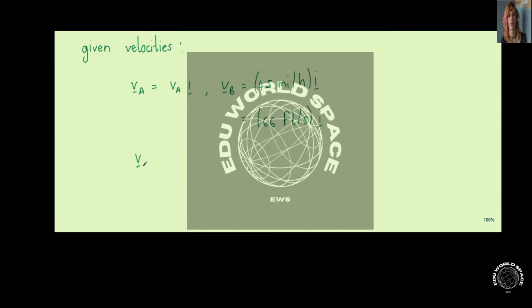And finally, the velocity of car C is given as 60 miles an hour. This is in the direction j.